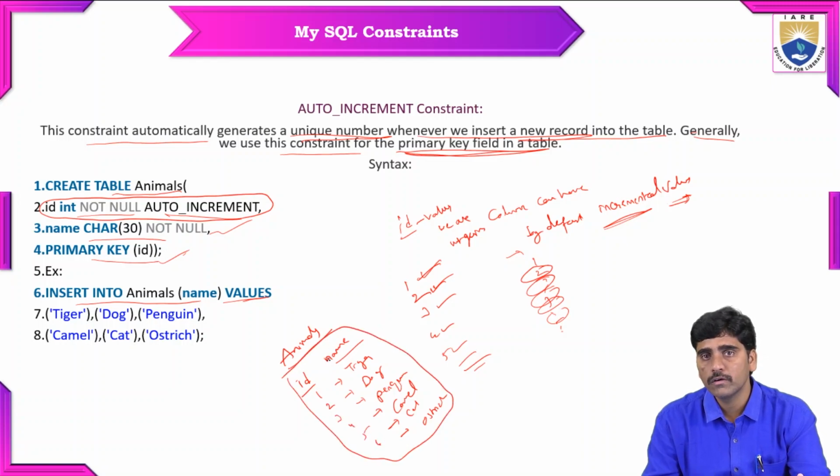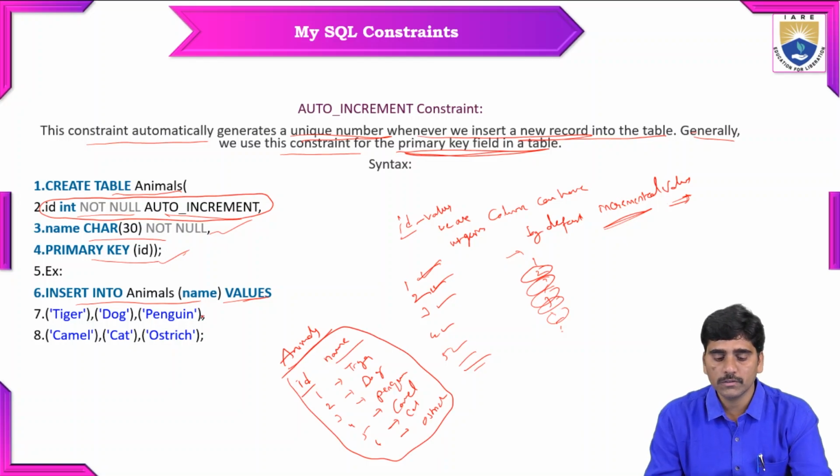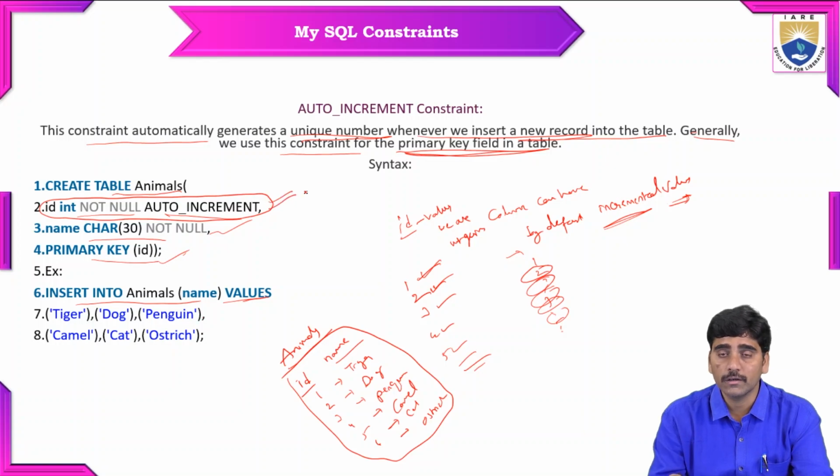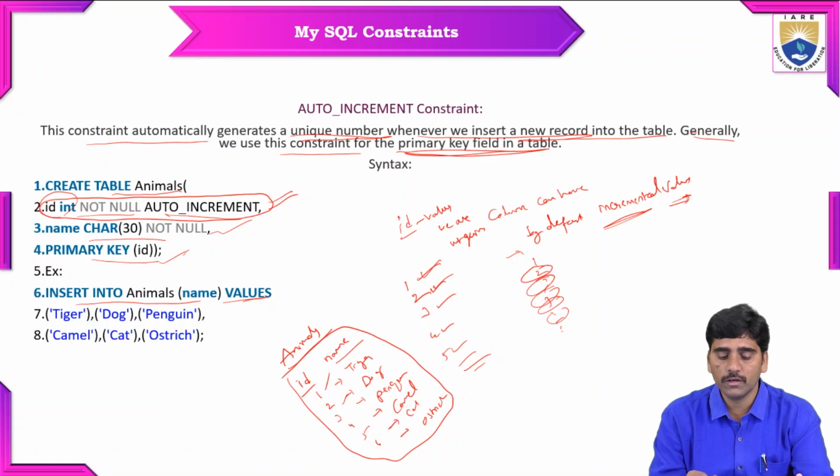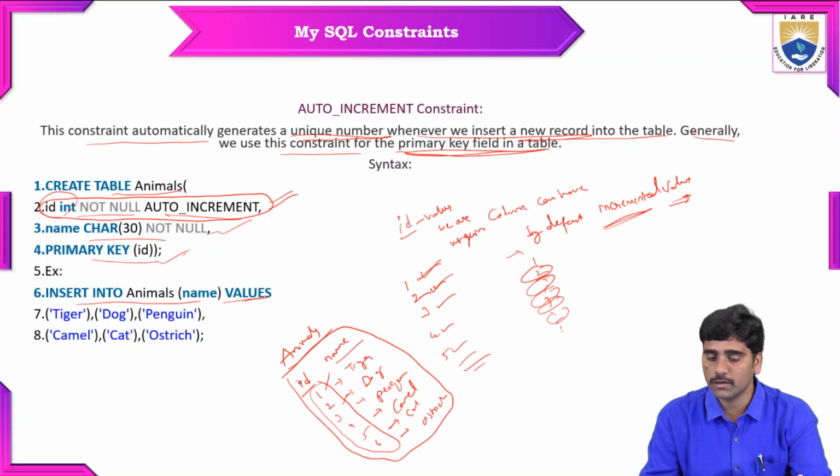So no need to insert a value for id in these columns, because we applied the auto increment constraint to the id column. No need to specify 1 comma tiger, 2 comma dog, like that, because we assigned the auto increment constraint to the id column, and that id column is also a primary key. So it does not have any duplicates, and it is displayed in ascending order.